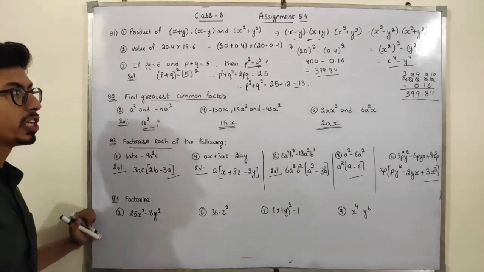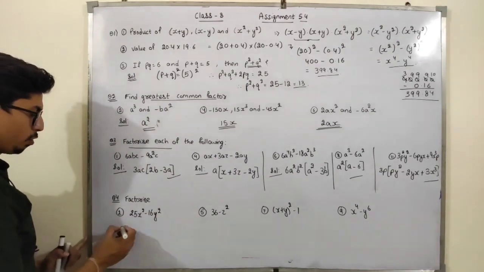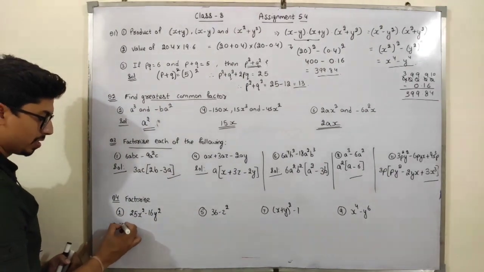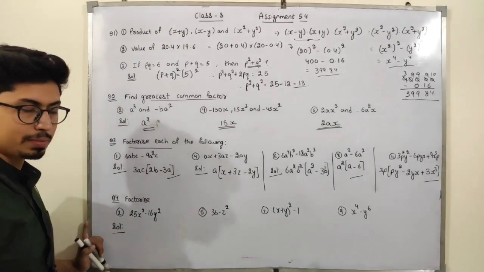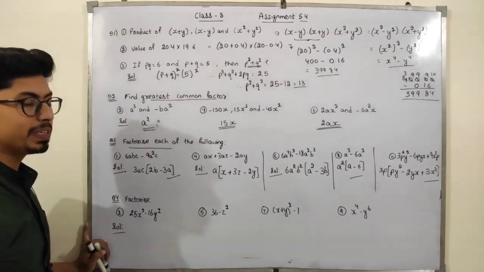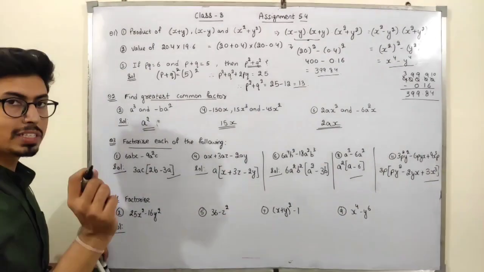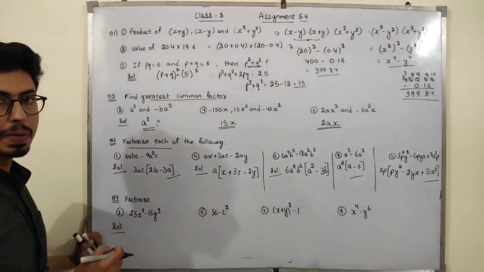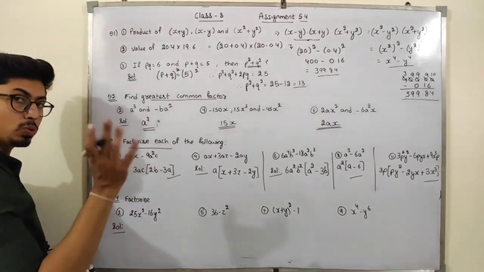Now, moving forward to question number 4, students. I have to factorize them. How can I factorize them? I can factorize them using the a square minus b square formula. See, a minus b times a plus b will be a square minus b square. So I can use that formula.